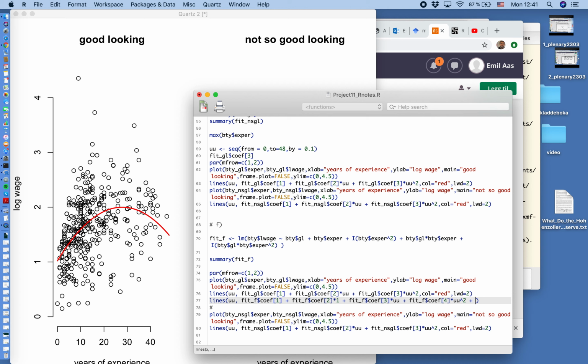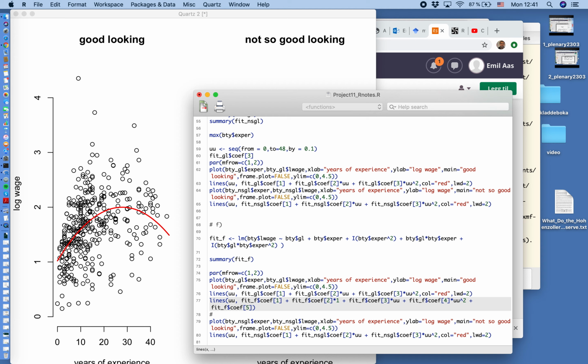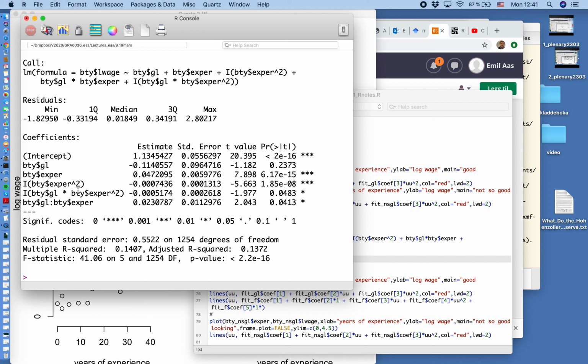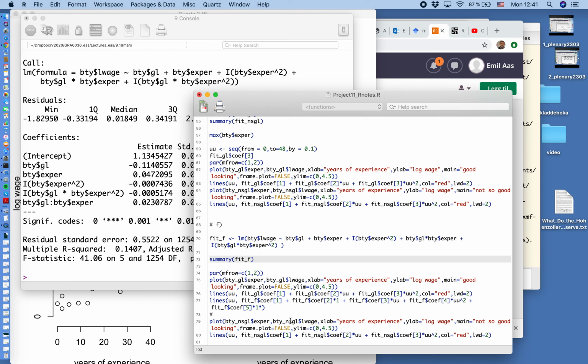And now come the interaction terms. So this is fit QF5 times 1, where GL is 1. And now we must pay attention, because this is 1, 2, 3, 4, 5. This is the one with the square, and this is the one where expr is not squared. So here we should have UU squared, and the last one is then 6 with UU, not squared.